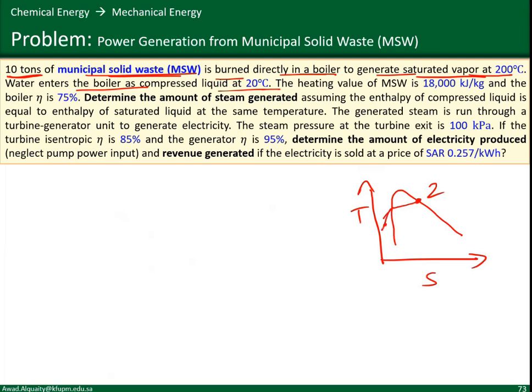The water enters the boiler at state 1, and state 1 is 20 degrees Celsius. Now, of course, it comes from a pump, so we can assume something like an isentropic compression in the pump, and maybe I'll have to redraw this.